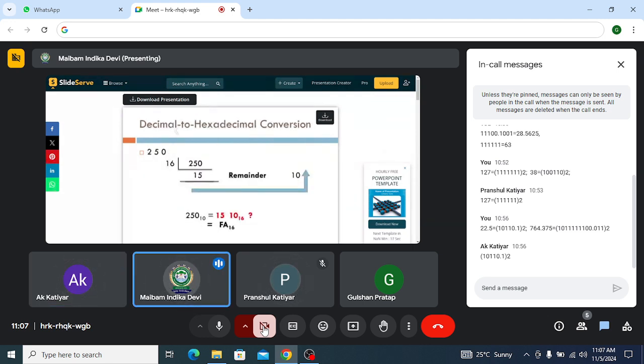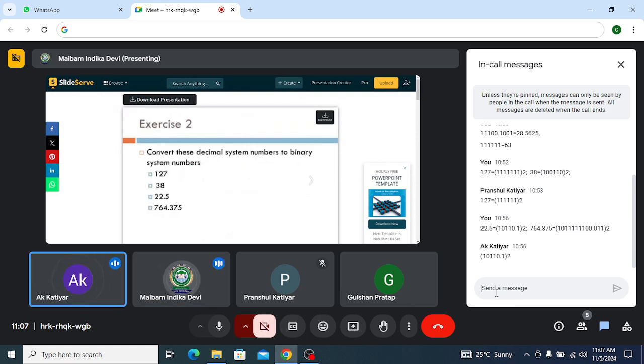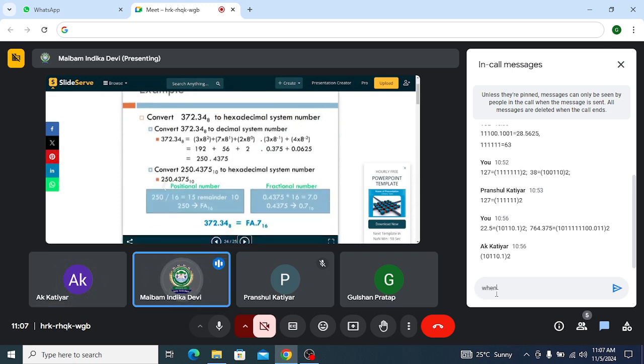For the non-fractional part, if it is a decimal number, you divide by 16 and take the remainder. Similarly, for 250, the non-fractional part, you divide by 16. You get 15 and 10 as a remainder. 15 is denoted by F, 10 is denoted by A. So it is FA for the non-fractional part.